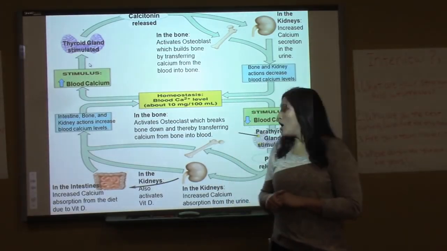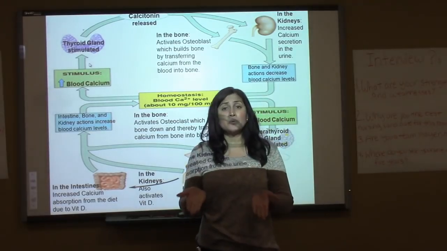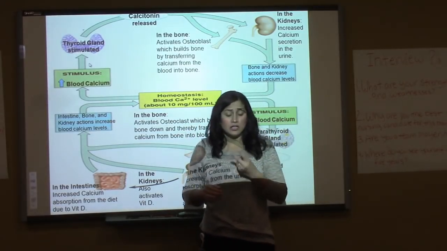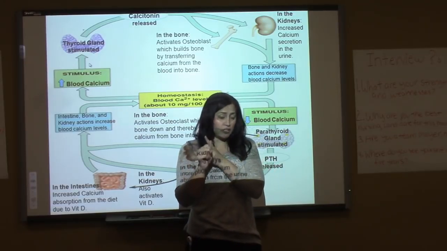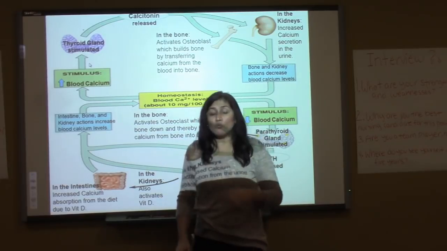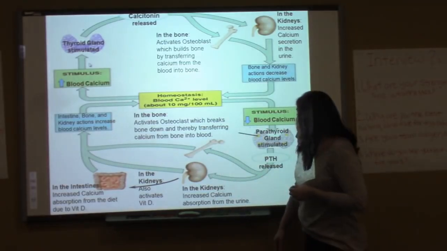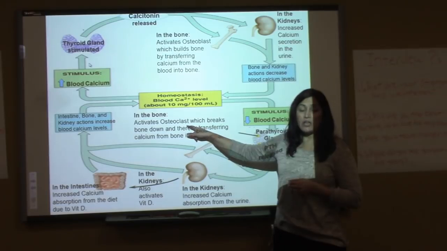Now let's see how parathyroid hormone works. The function of parathyroid hormone is to increase your blood calcium levels. Again, the two sides are the same. It works on the bone and it works on the kidneys. And as I said, they're opposites. So what does parathyroid hormone do in the bone? It goes to the bone and stimulates osteoclasts.